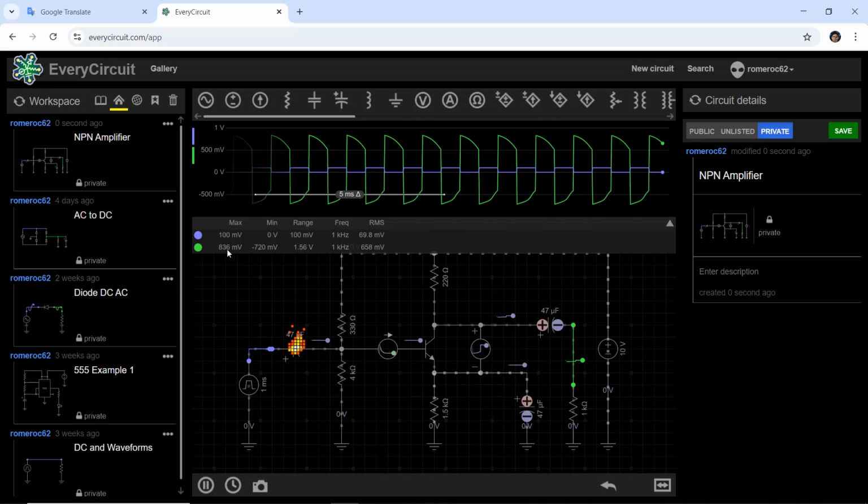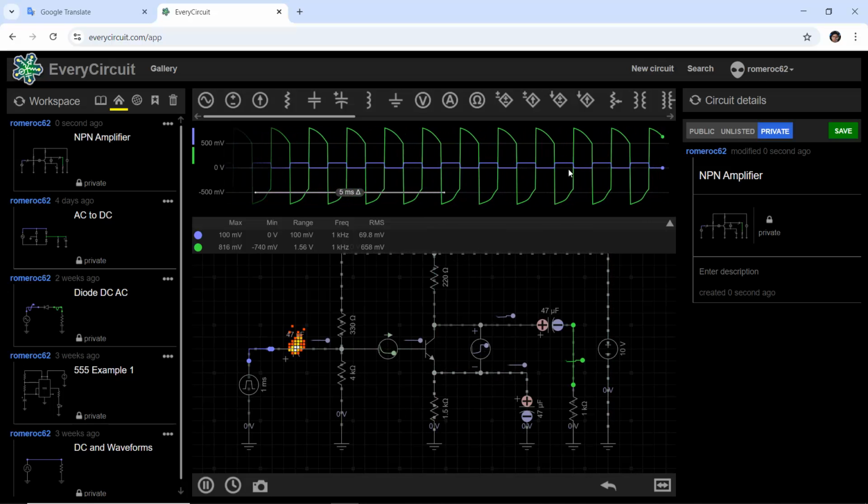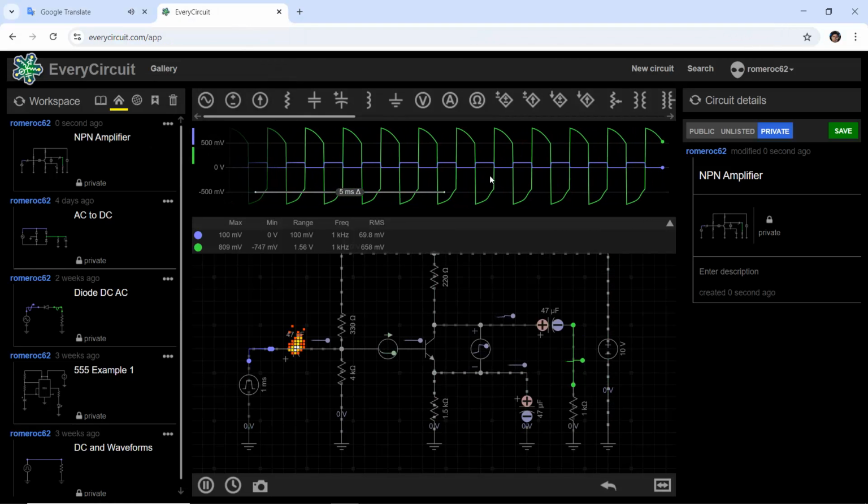But the maximum value of the output is 800 millivolts, minimum value 700 millivolts, frequency 1 kilohertz, and the phase looks like a difference of 180 degrees. It looks like an inverted wave.